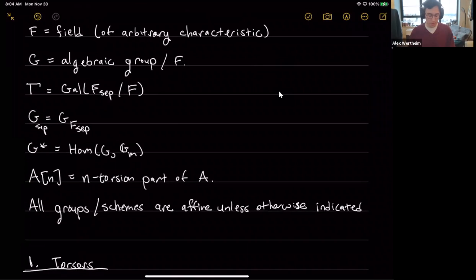And if A is a group, then I'll write A[n] to denote the n-torsion component of A. And just as a convention, all groups and schemes which appear in today's talk are affine unless otherwise indicated.